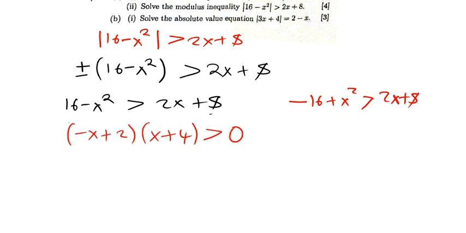The two zeros of the equation are simple and straightforward. If you equate this to 0, x is equal to 2, and if you equate this to 0, x is equal to negative 4. So we can come up with a table to help us find the solutions. We've got negative 4 and 2.